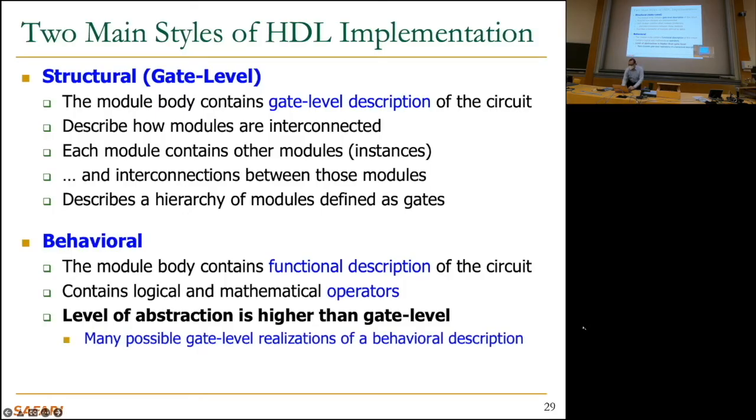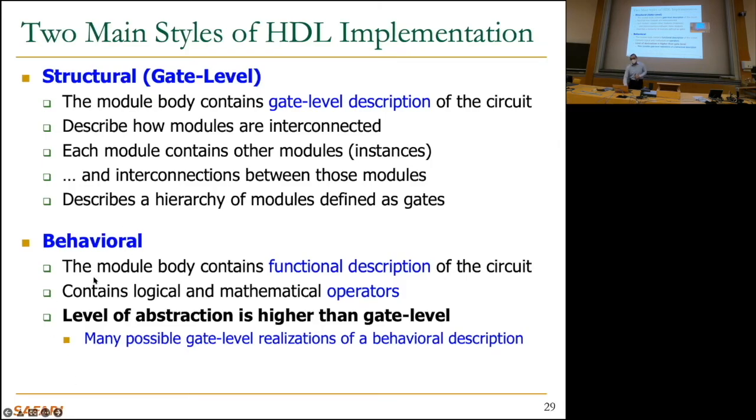And if you actually look at this, because of this high level of abstraction, there are many possible gate level realizations of the same behavioral description. You may have one behavioral description and it may lead to thousands of different gate level realizations. Whereas gate level structural Verilog leads to one, unless, of course, someone is smart and they optimize that gate level circuit. But still, the options are limited over here. Whereas behavioral enables many, many options.